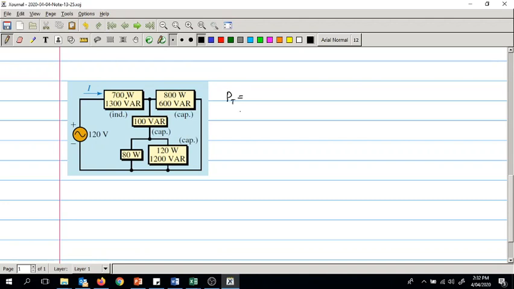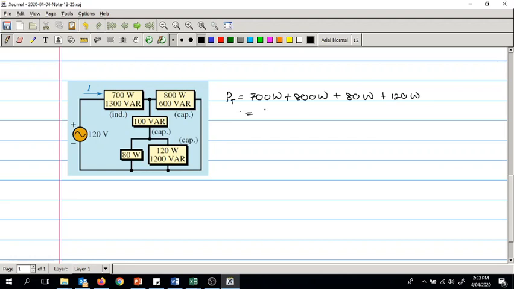is equal to, we will take the real power value of each component. We have several devices connected in several ways. So this is 700 watts, plus 800 watts here, and this doesn't have any P value, and we have 80 watts only here, and we have 120 watts here, right?